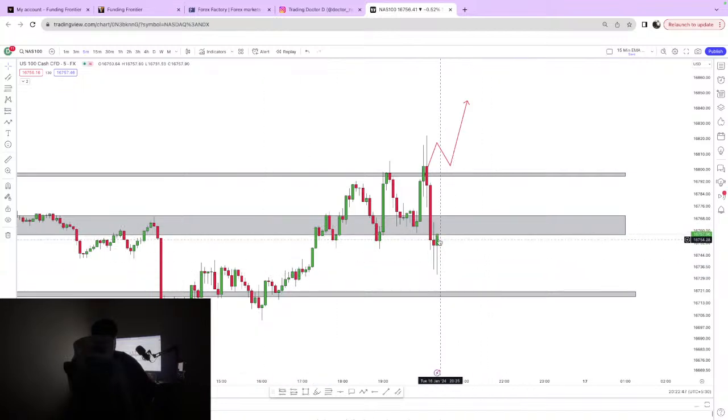Yeah, so if this candle closes like this anywhere near here, then I'll be opening a buy position.